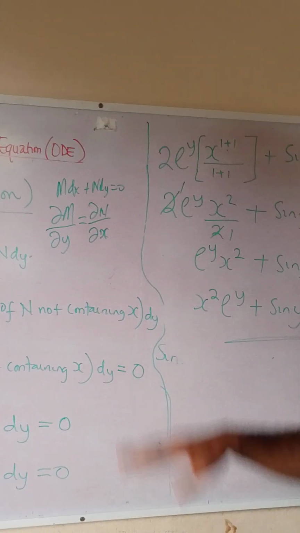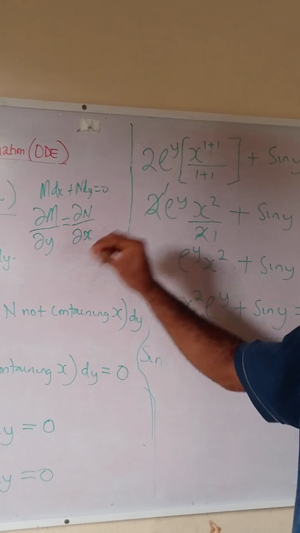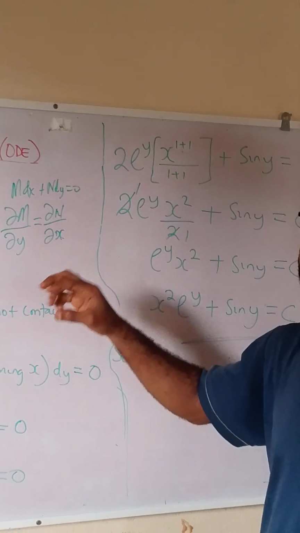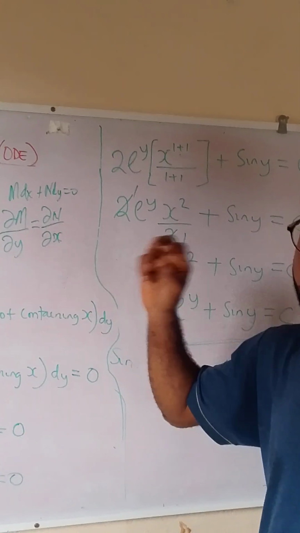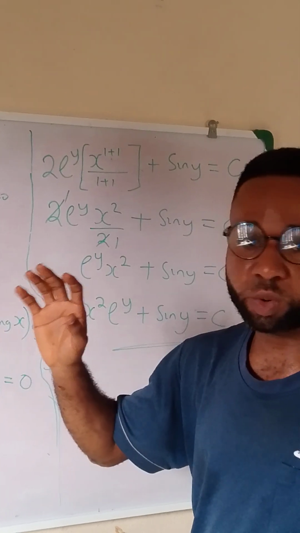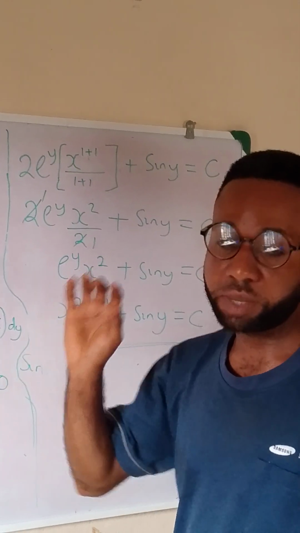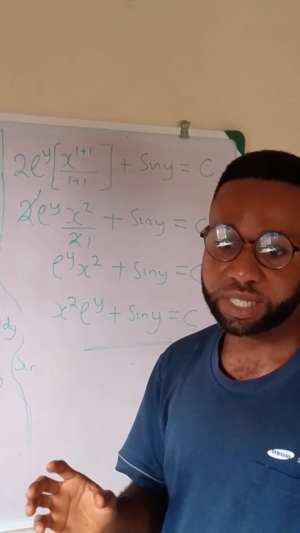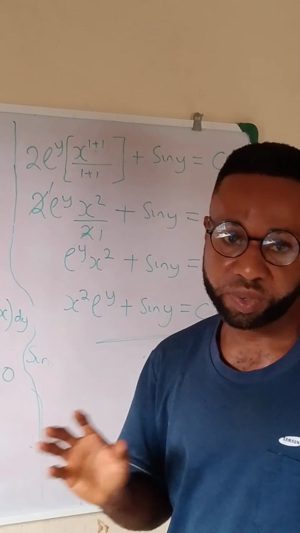Once you've tested for exactness and ensured the equation is exact, you can now solve. But there are situations, like I said earlier, where when you test, the equation would not be exact. You can use the method of integrating factor to convert the equation to an exact equation before you solve.